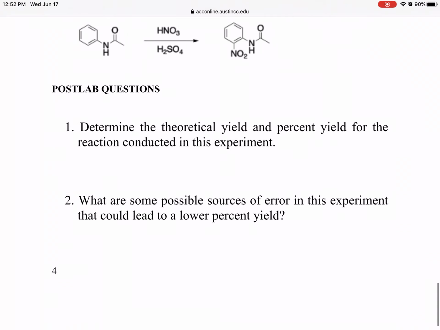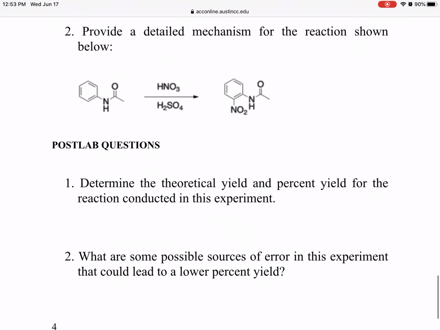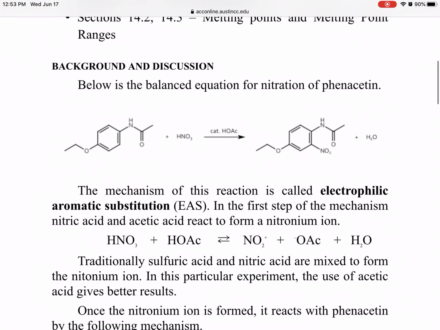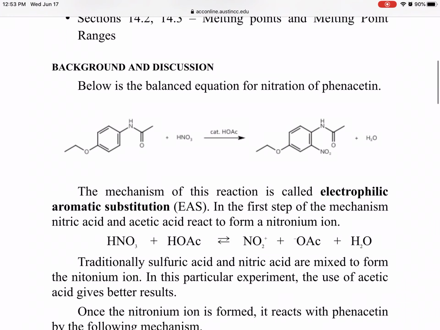Post-lab question: determine the theoretical yield and percent yield for the reaction conducted in this experiment. Okay, now this is our reaction. Phenacetin with nitric acid forming nitrophenacetin. Now, what is the molar ratio?